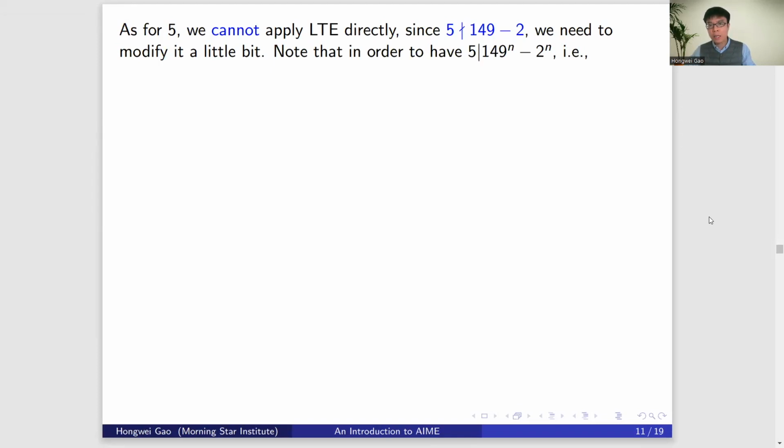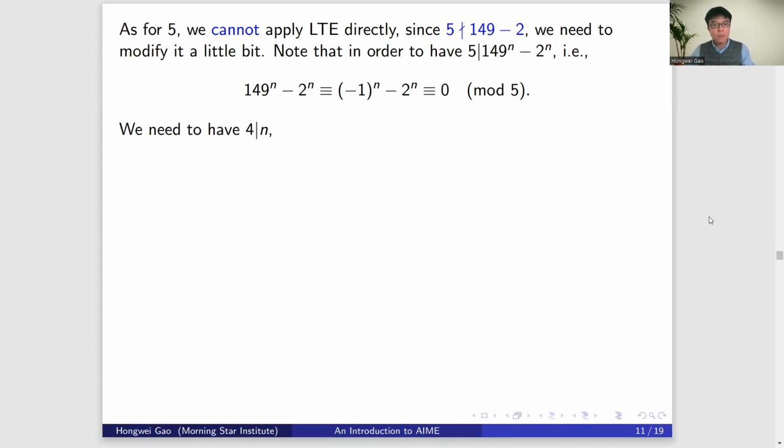That means we can get some information about n. 149 to the nth power minus 2 to the nth power is congruent to minus 1 to the nth power minus 2 to the nth power, which is supposed to be divisible by 5. And this statement is equivalent to n being divisible by 4. So based on this, we can rewrite n as 4k, k being some positive integer.